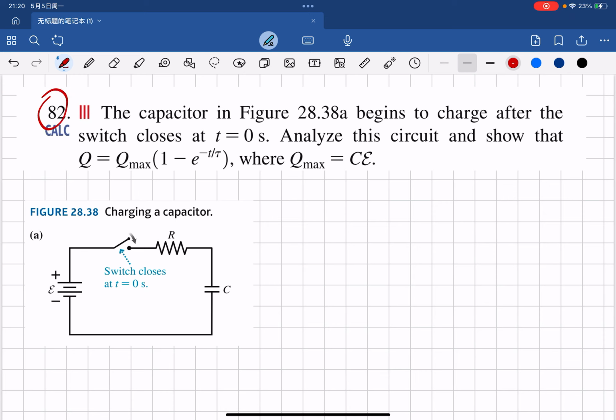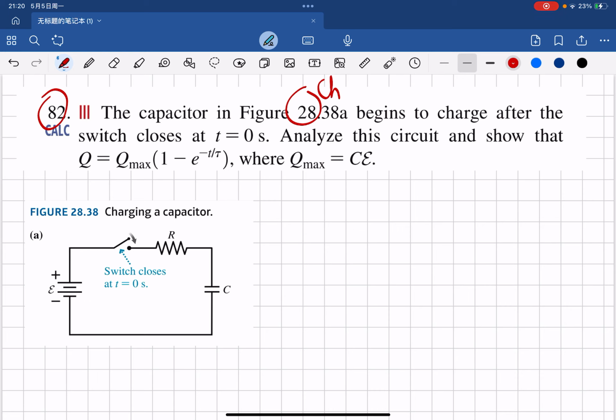80 seconds from challenge problems, and exactly from the 28th chapter.